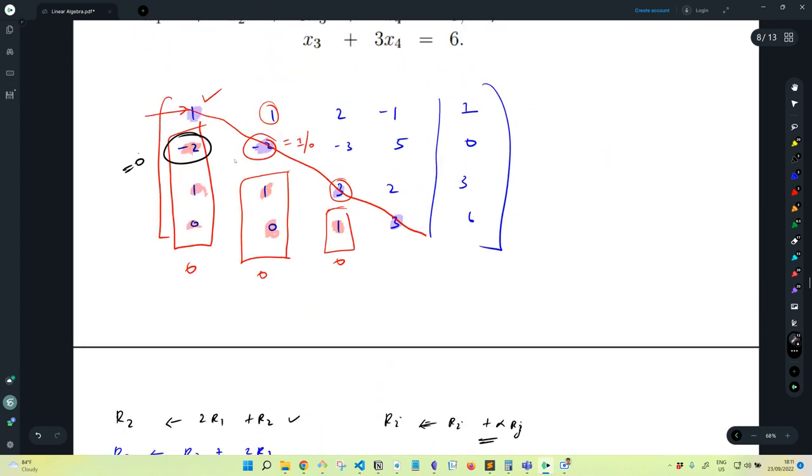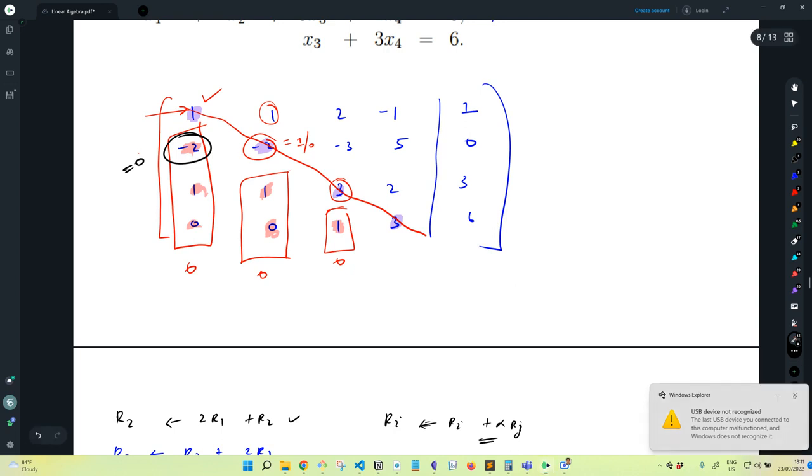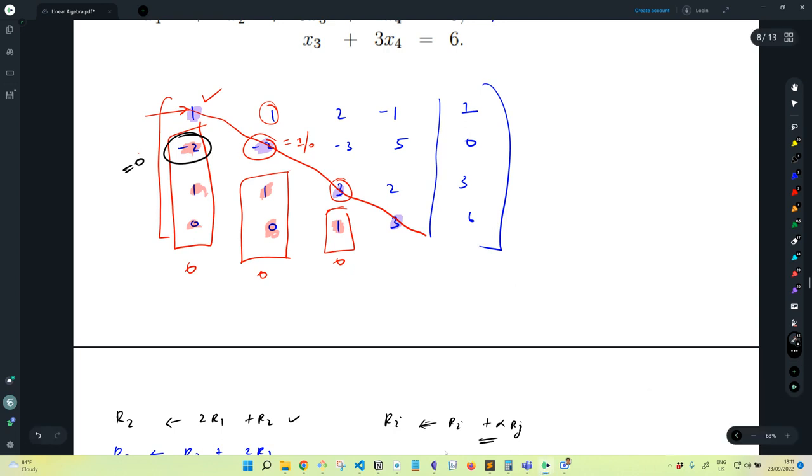Then we saw a protocol in applying these operations to obtain RREF. You will adjust the entries in this order only.